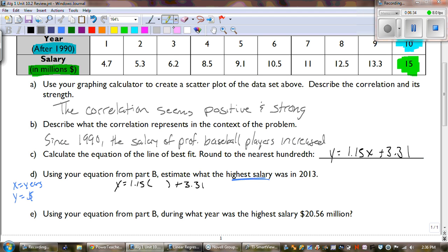But here's the key thing: 2013 is after 1990. So to know what number to plug in, I take 2013 and subtract 1990, and we get 23. So we're going to plug 23 into this equation.